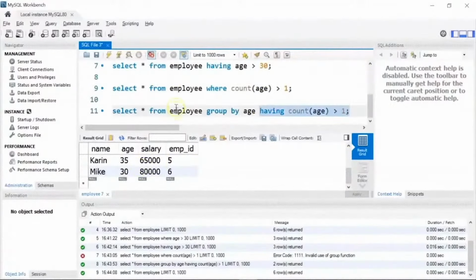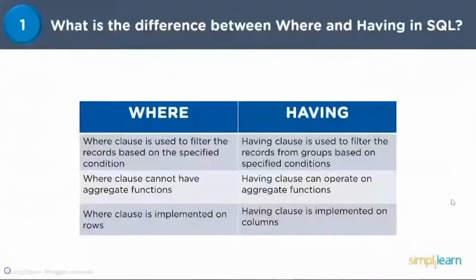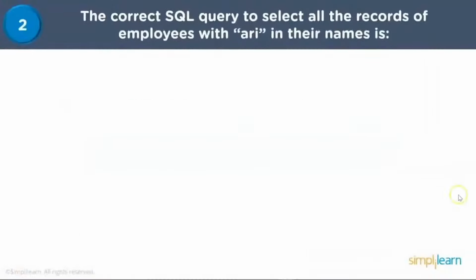Now let's see the second question. Now this is a multiple choice question where you need to answer the correct SQL query based on the question. So the question is, the correct SQL query to select all the records of employees with ARI in their names is.